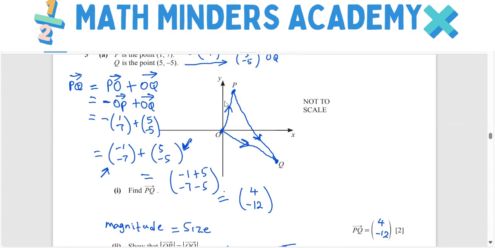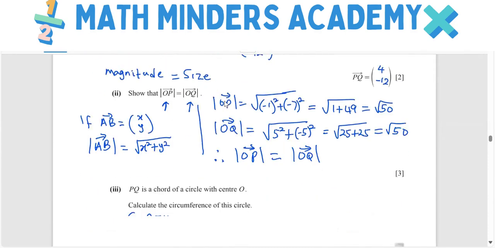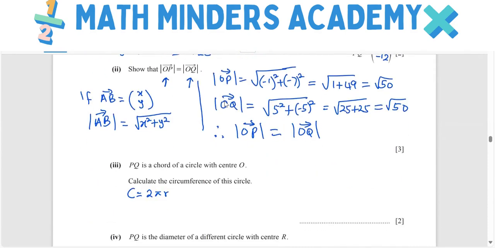So we can actually get the radius of the circle. The radius of this circle will be the magnitude of the vector OP, and the magnitude is root 50.